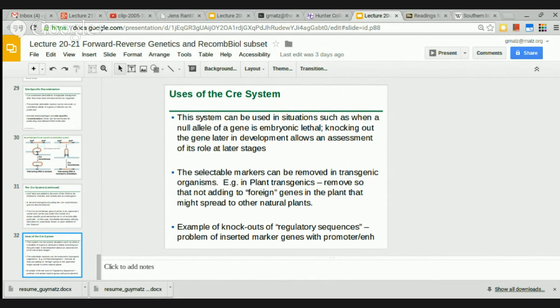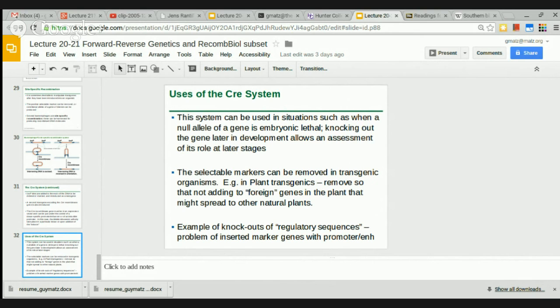But one of the things that people working with modifying corn, for example, do is that they want to get rid of those antibiotic markers, those selectable markers they use to get things into the genome. And they use the Cre recombinase system to get rid of it. And all they leave is a little 6-base pair. I can't remember how many base pairs, but the LoxP sequence is quite small. That's all that's left in place of where that marker was.